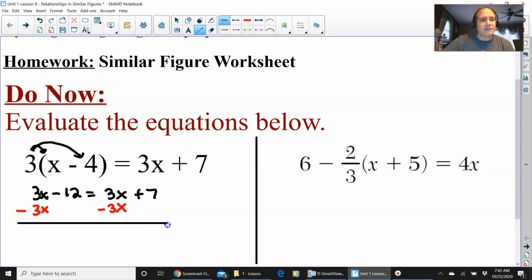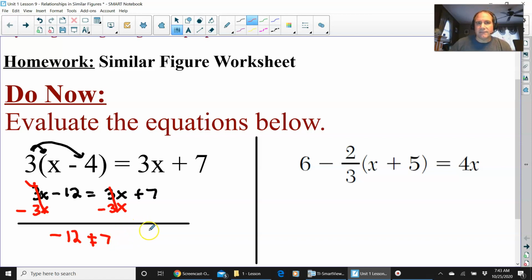Then you can cancel out each side and get negative 12 does not equal 7. Whenever there's no x and both sides do not equal, that is no solution. And you should have that down.